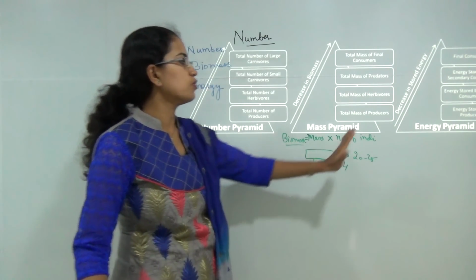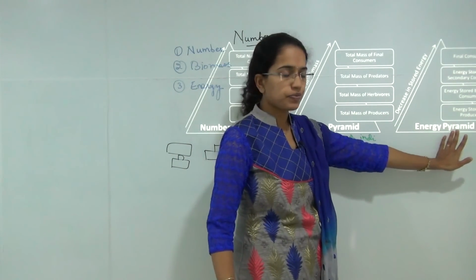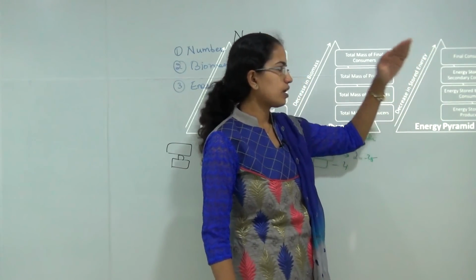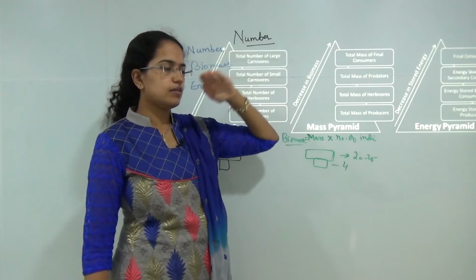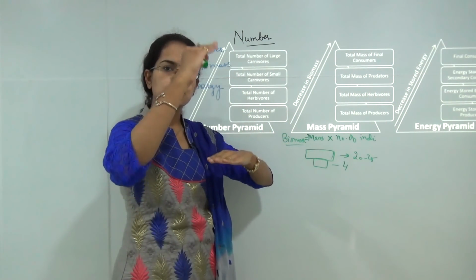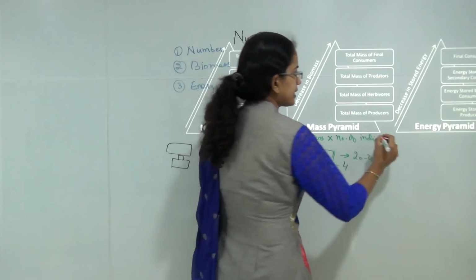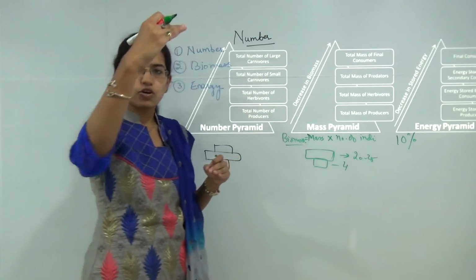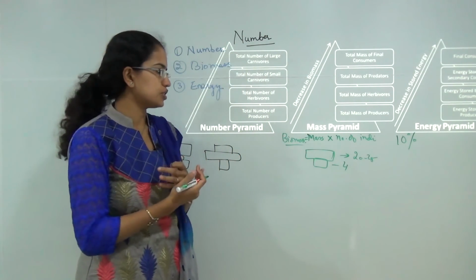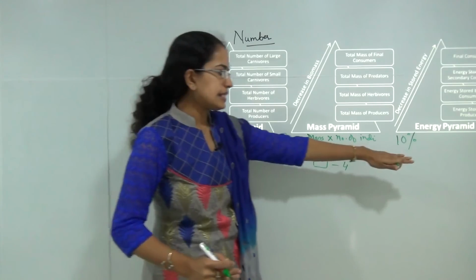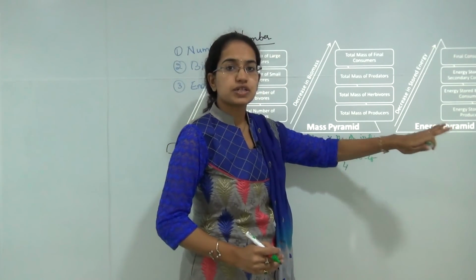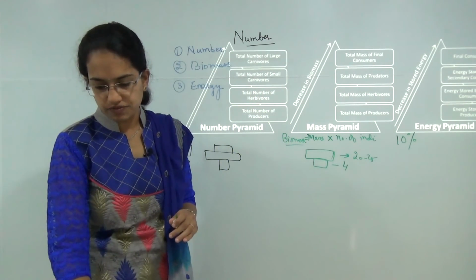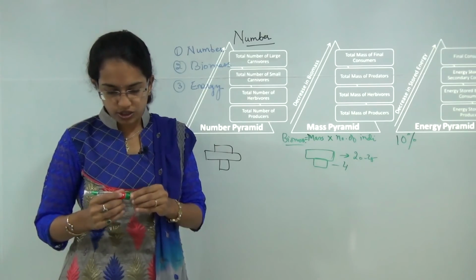And finally we move on to pyramid of energy. Now pyramid of energy, moving on from one trophic level to the next trophic level, only 10% of the energy is transferred to the further trophic level or further hierarchical position. When I say 10% of the energy is transferred, that means 90% of the energy that was there is lost.